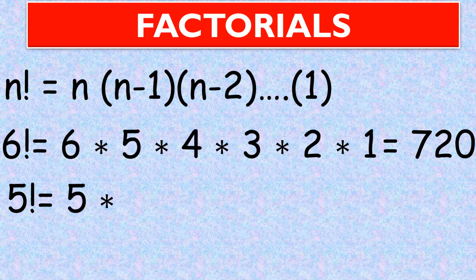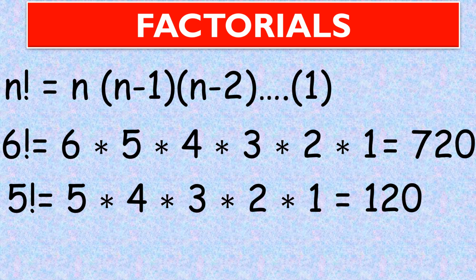Now 5 factorial will be 5 itself times 4 times 3 times 2 and times 1, and that should give us 120. So what we say is that 5 times 4 is 20, 20 times 3 is 60, and 60 times 2 is 120, and 120 times 1 is 120.